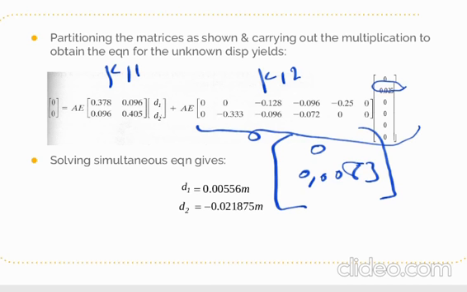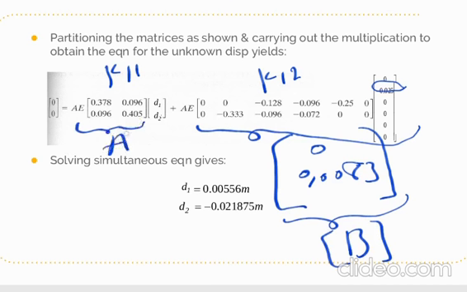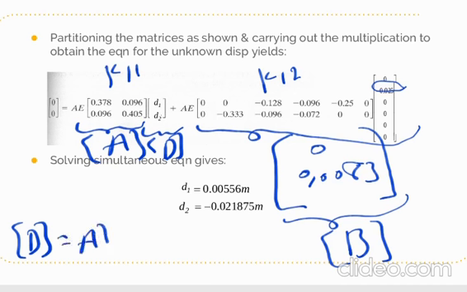And call this matrix B matrix, and this is matrix A, and this is matrix D. Same way, D matrix equals A matrix inverse times B matrix. We will get the D, D1, and D2.